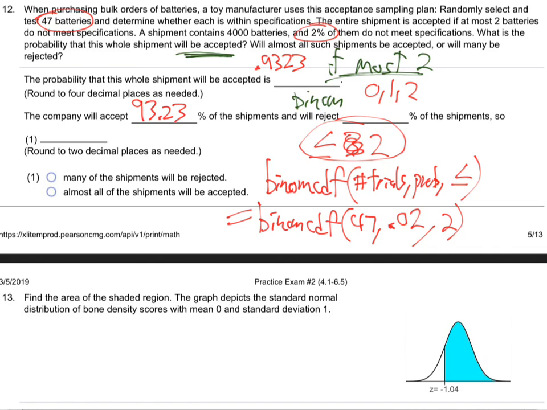And they will reject, what portion will they reject? If that's how much they're going to accept, what portion will they reject? Yeah, 100 minus that, huh? 100 minus 93.23. That's 6.77%. Many will be rejected, right? Oh, no. Almost all will be accepted. There we go. 93% are accepted.